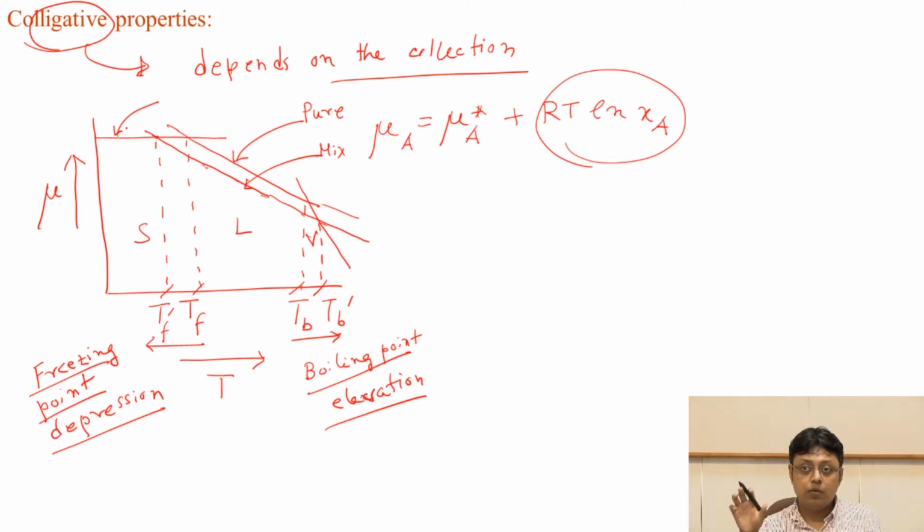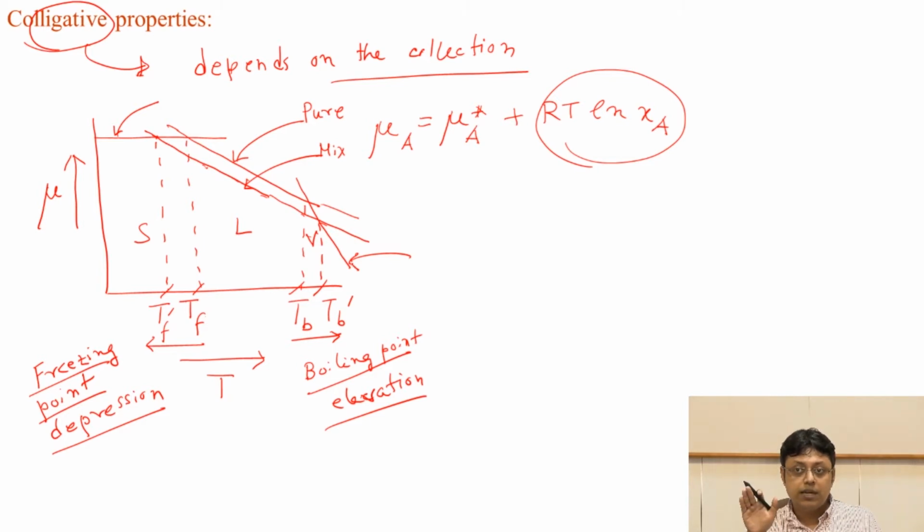Suppose you add some salt to the water, then the assumption is that when solid ice is forming, it is pure solid ice. Or when water is vaporizing to water vapor, it's pure water vapor. So the chemical potentials for those two curves, solid and vapor, are not changed. Only the liquid is shown in the solution form.